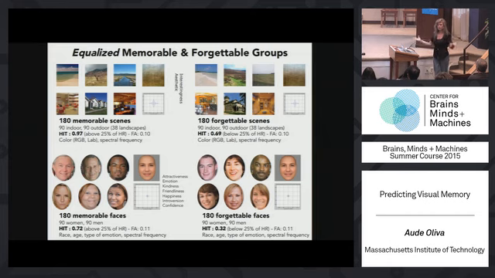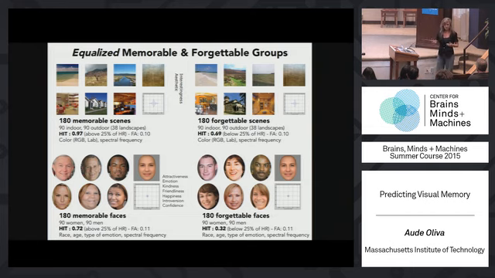If you take a collection of images like I showed you before, the photos that have people or action tend to be memorable, versus landscapes, which tend to be forgettable. So you have a lot of visual features that co-vary with the dimension of memorability.